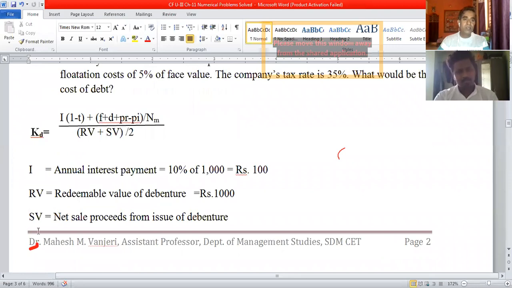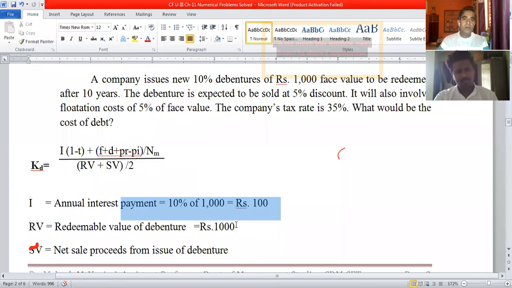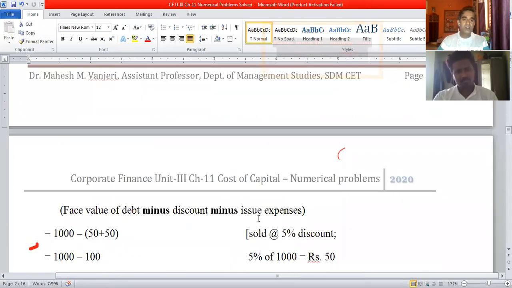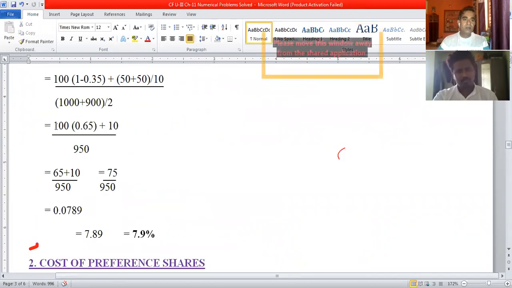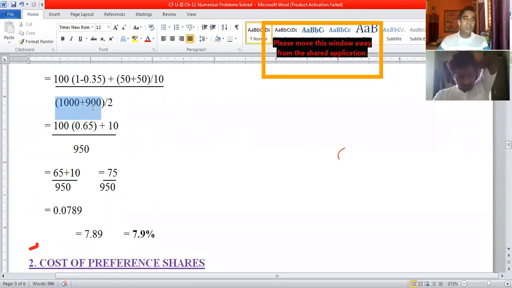Remember what RV is? RV is the redeemable value of debentures, 1000 rupees, plus SV, the net sale proceeds from issue of debentures, 900 rupees, all of which we have already learned above, divided by 2.